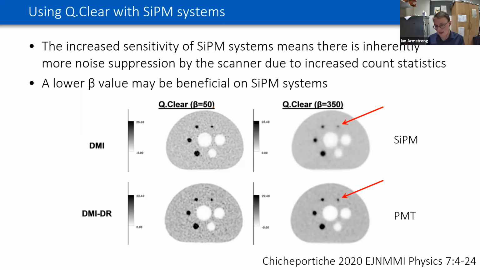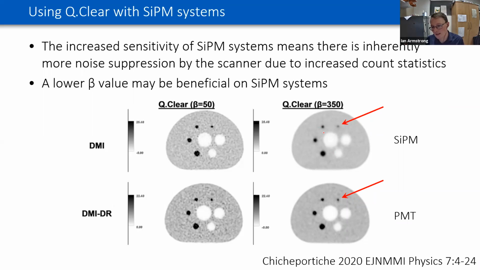And this is a nice example of a recent paper where they looked at the comparison of the Discovery MI, which is the silicon photomultiplier system, and the Digital Ready, which is the PMT system. What's quite interesting here is that with a beta value of 350, you don't really need to put any numbers on this, but you can quite clearly see that there's been quite a lot of suppression of the detail.